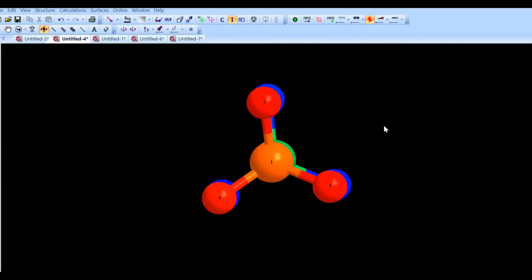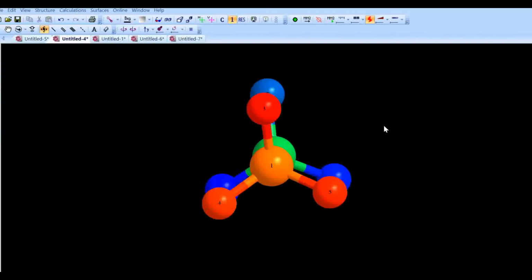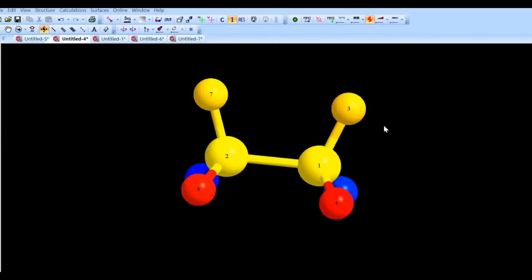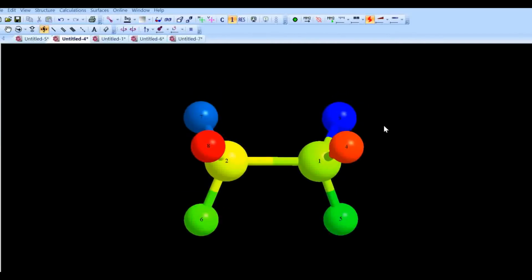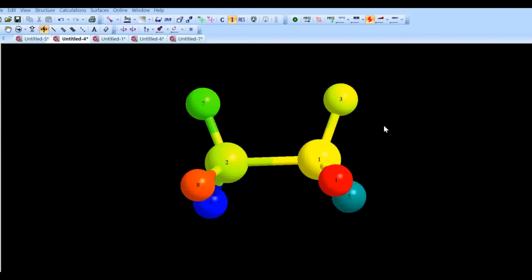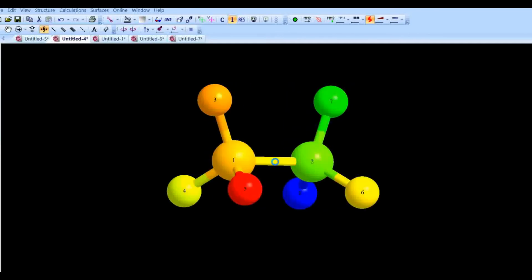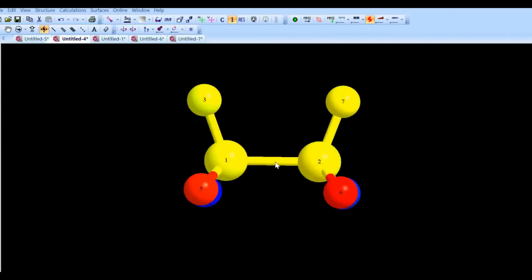And then, once again, you have the same type of C2 axis, just like that of the staggered conformation. If I rotate like this, then again you will see that the same appearance will come at an angle of 180.